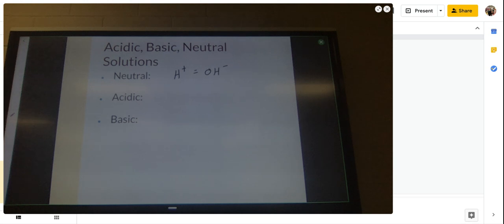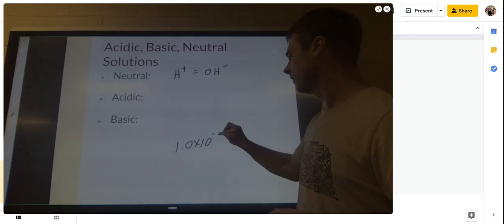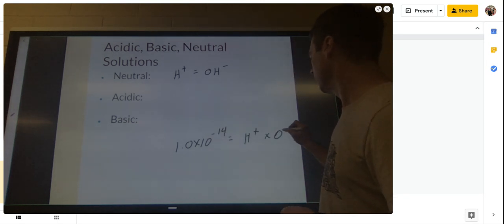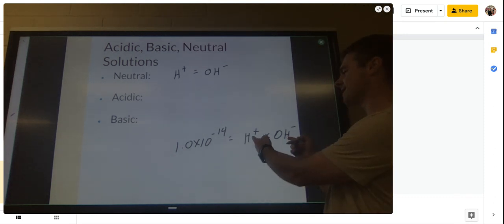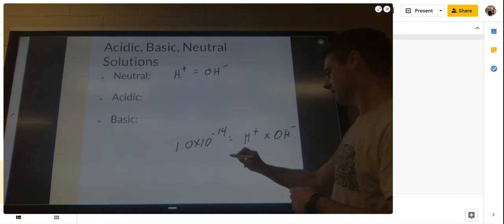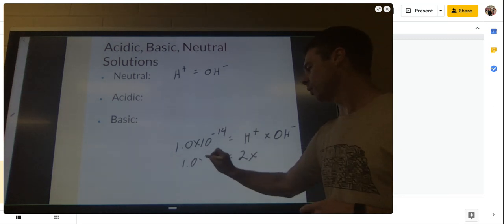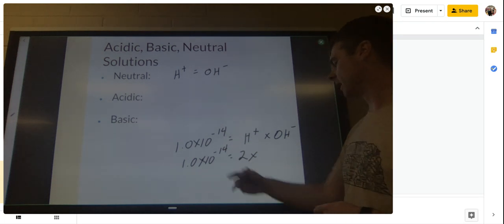We can find that from K W, and actually the value would be, because we know K W is 1 times 10 to the negative 14th, and that's equal to the H plus times the OH minus, right? So if that's X, and there's two X's, these things are exactly the same in pure water, we divide that.